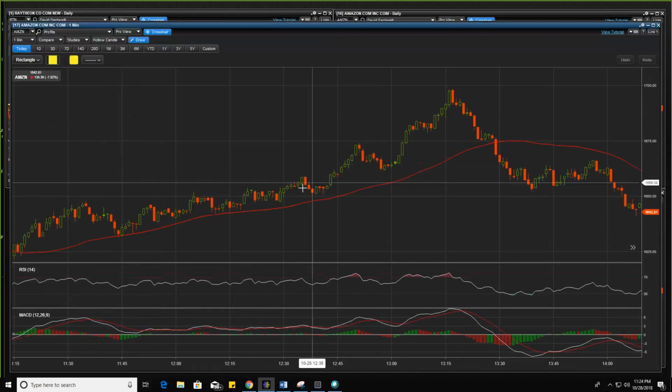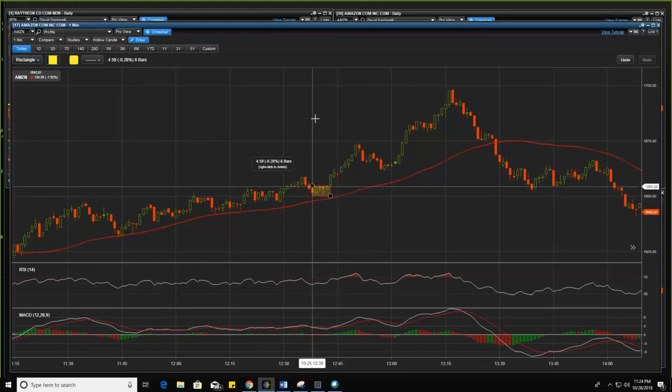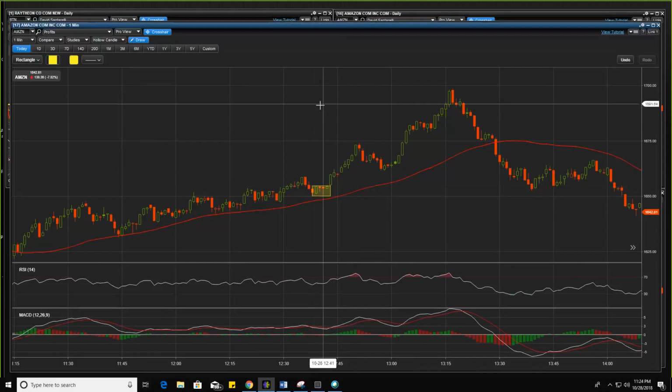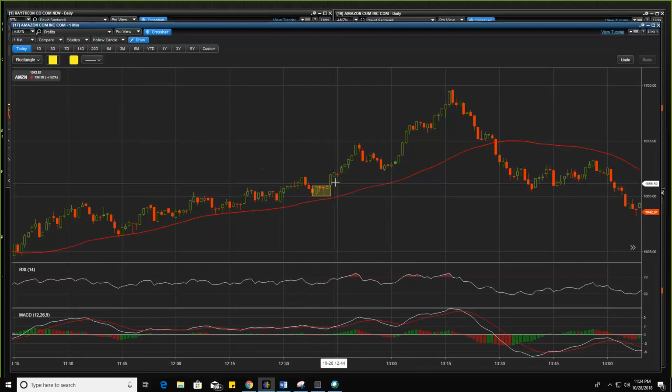So notice this right here. Notice that box there, that rectangle. In my mind, I'm saying, okay, this is the base of the wave now. Now we're waiting for that breakout.